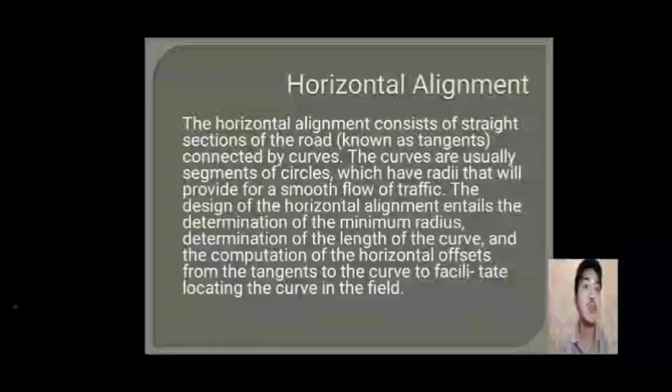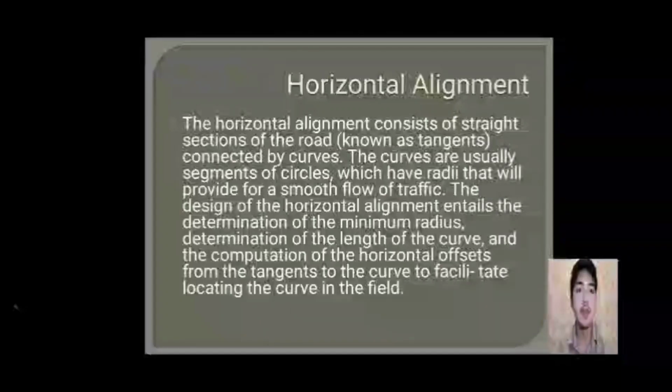Then next is horizontal alignment. The horizontal alignment consists of straight sections of the road known as tangents connected by curves. The curves are usually segments of circles which have radii that will provide for a smooth flow of traffic. The design of the horizontal alignment entails the determination of the minimum radius, determination of the length of the curve, and the computation of the horizontal offsets from the tangents to the curves to facilitate locating the curve in the field.